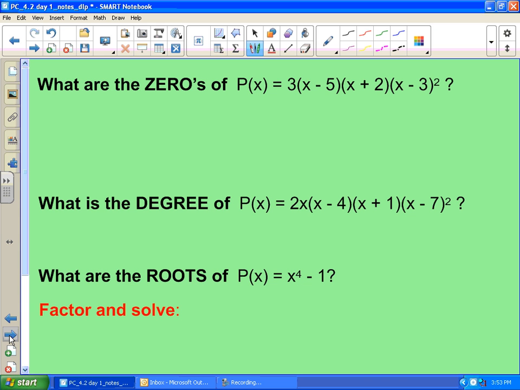All right, we like to see polynomials in the factored form like this. It's easy for us to find the zeros. And in this case, we're looking at the polynomial p of x equals 3 times quantity x minus 5, quantity x plus 2, quantity x minus 3 squared. So we have it set up so that if I'm looking for zeros, I can use the zero product property.